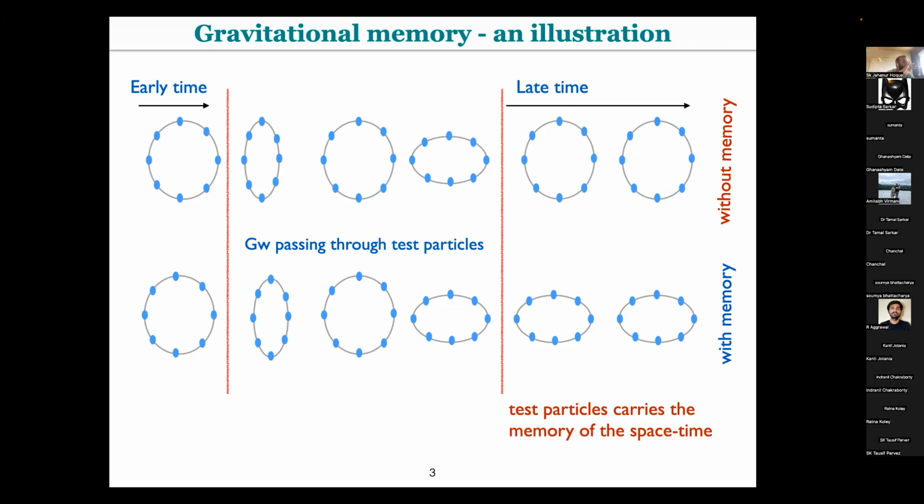Once the gravitational wave passes, and I have shown here the plus polarization, the test particles contract and again expand. If the wave doesn't carry memory, then you can see it goes back to its initial configuration. But if the wave contains memory, then it doesn't go back to its initial configuration.